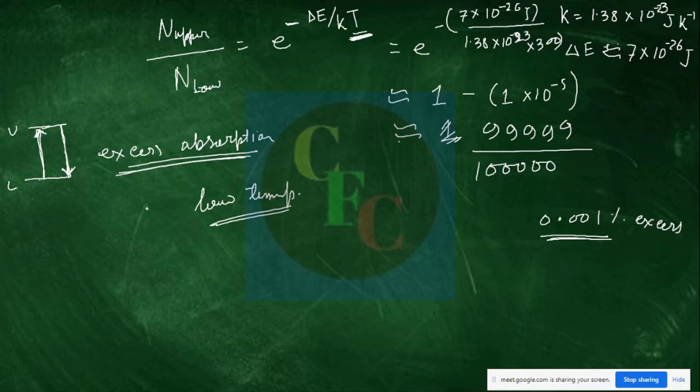Now there are a few terms which you need to know. As there is a very small excess of population in the lower state, if you supply continuous radiation, a time may come when it will equilibrate. There is an equilibrium between these two states, and at that time there is no net absorption.